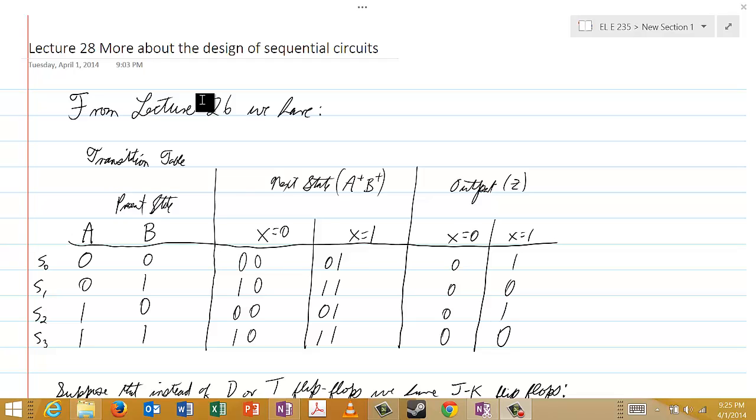And we have considered the design of this circuit using both T flip-flops and D flip-flops.